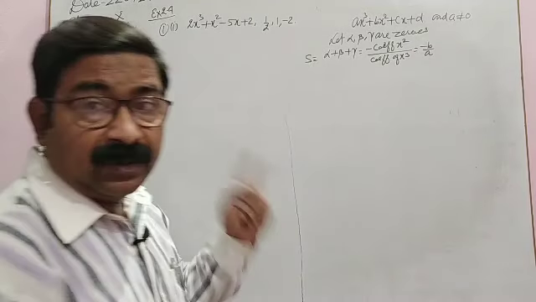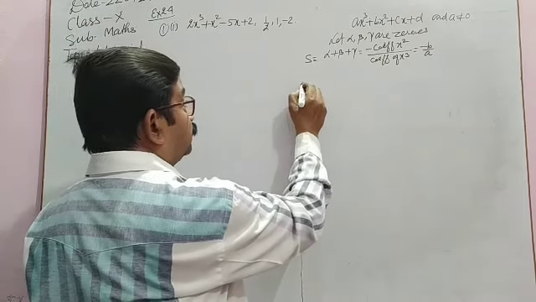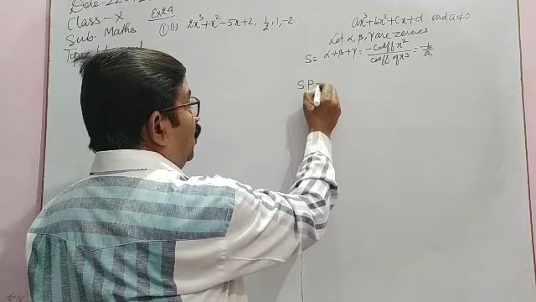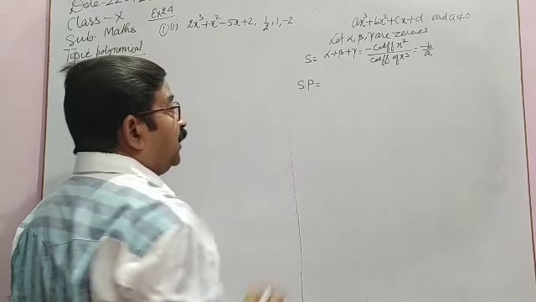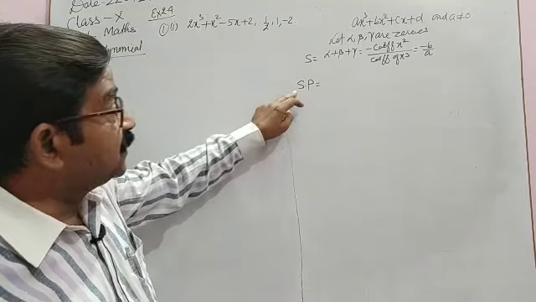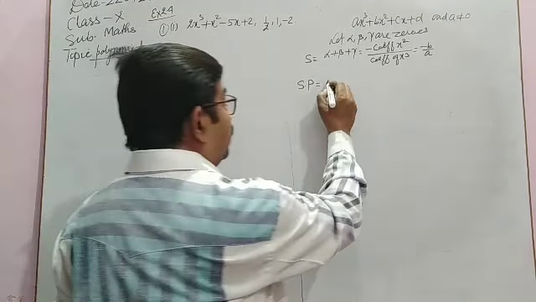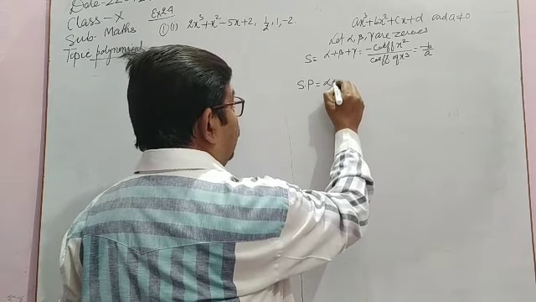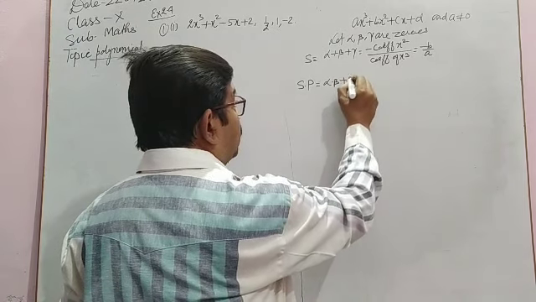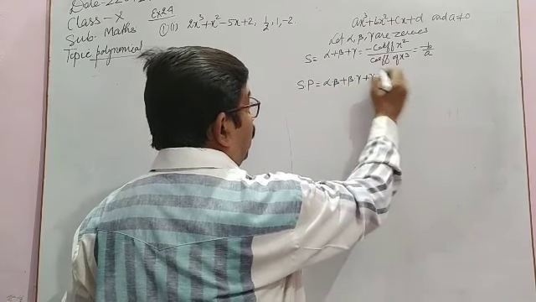Earlier it was there in the quadratic polynomial also. Now the sum of products of zeros taken 2 at a time, means alpha into beta plus beta into gamma plus gamma into alpha.